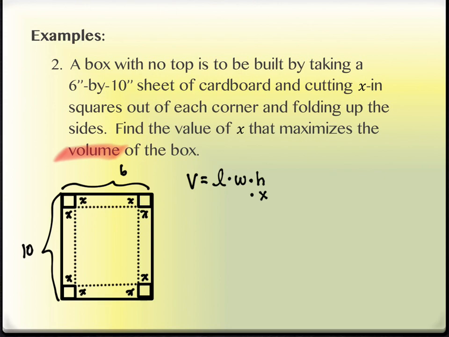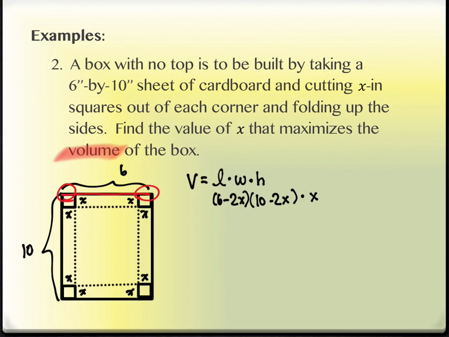So I had this length of 6 here, and then I cut out this piece and this piece. So my width is going to be 6 minus 2X. What would the other one be? 10 minus 2X. Okay, everybody good?